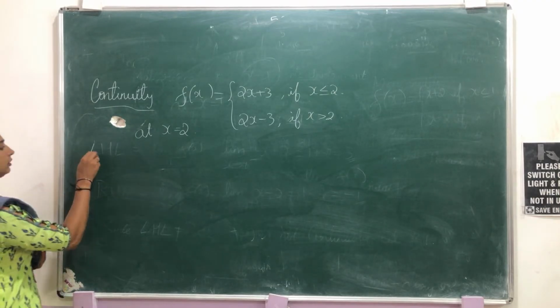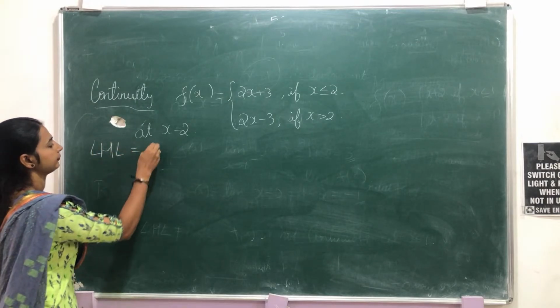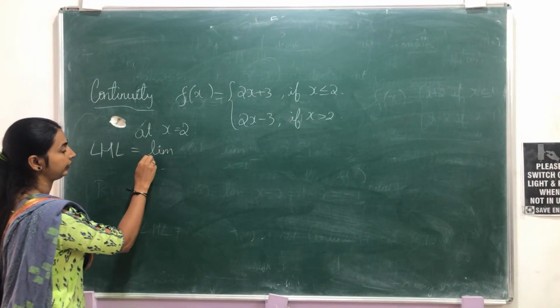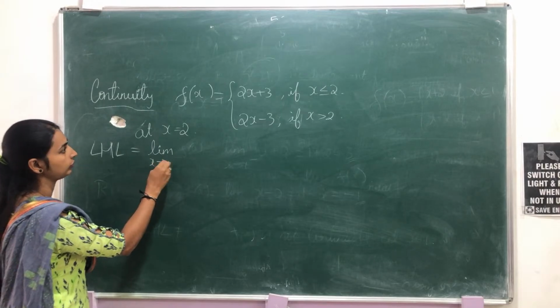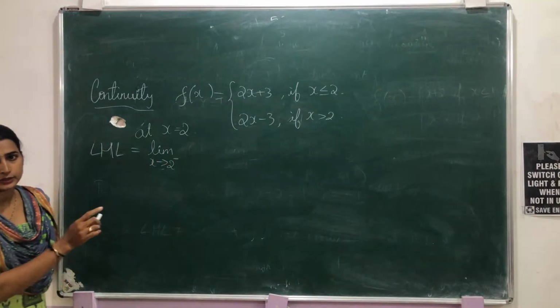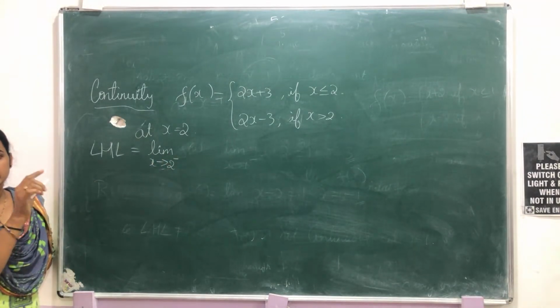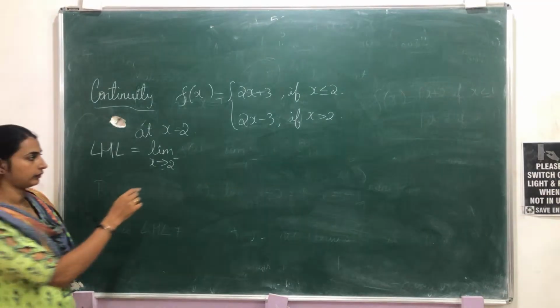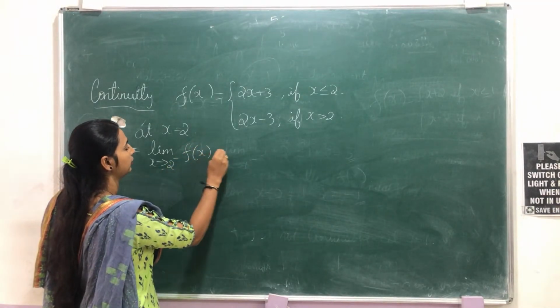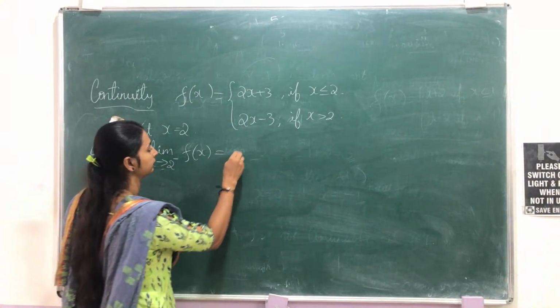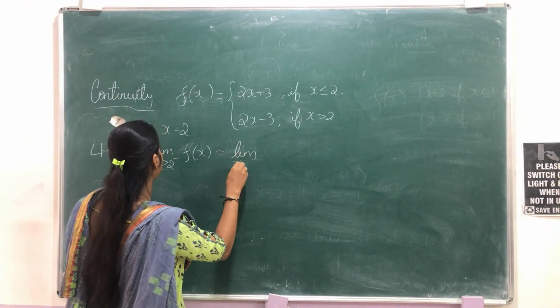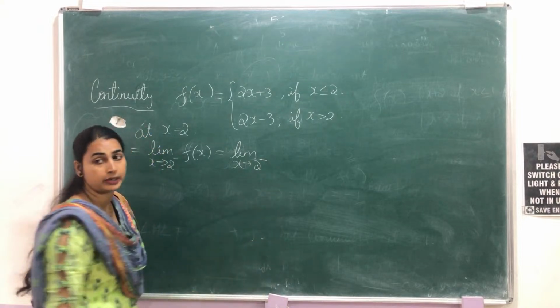So what is LHL now? Limit x tends to 2 minus. It's not minus 2. 2 minus indicates left side of 2. f of x equal to, limit x tends to 2 minus. What is f of x now?